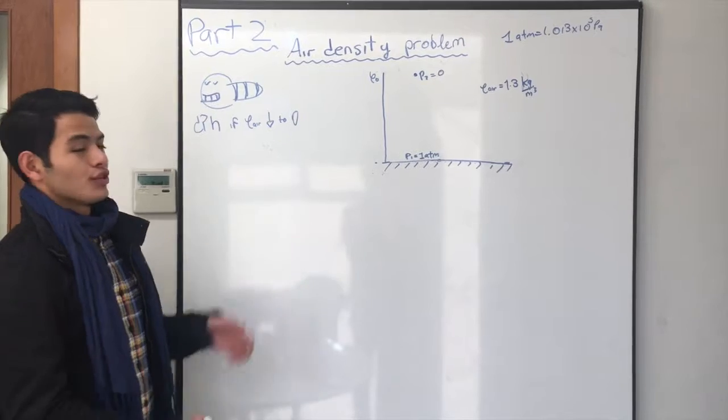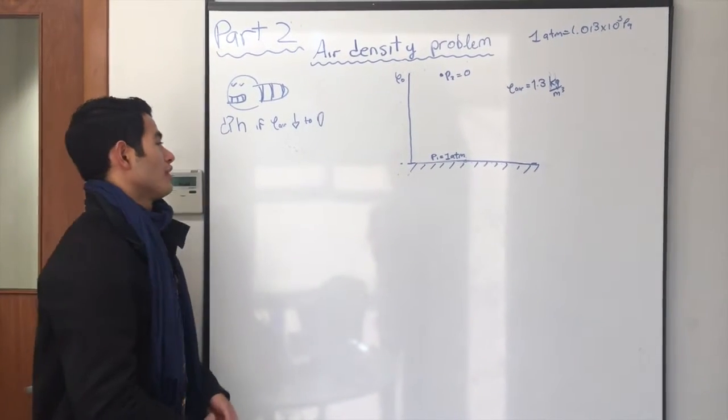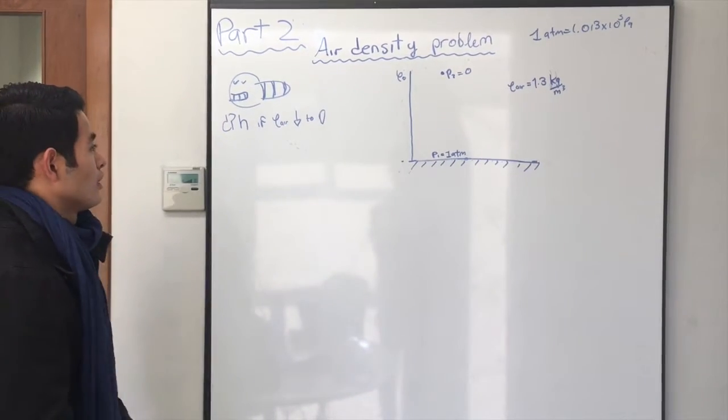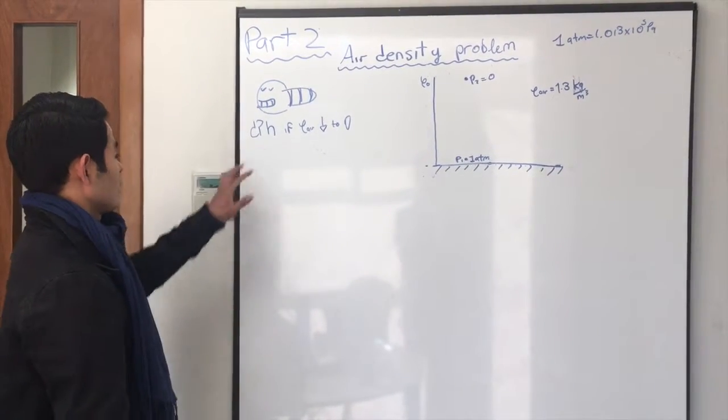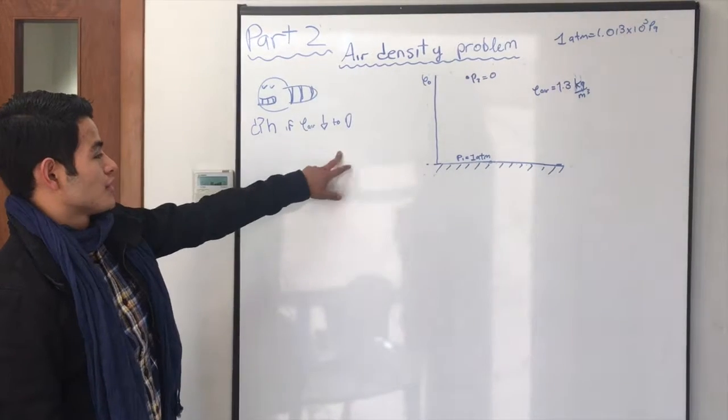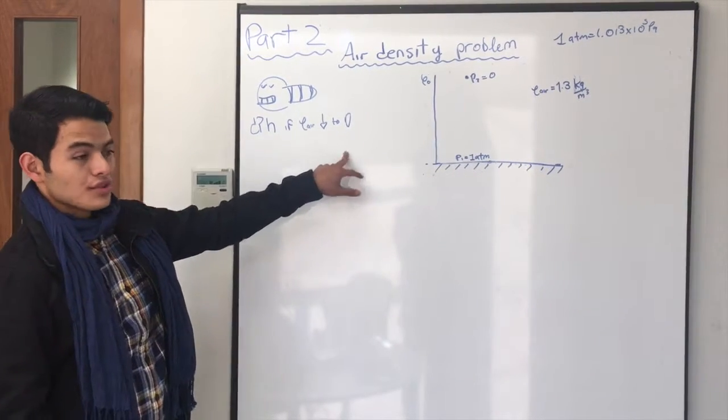Now we are on part 2 of this problem, and in this part we need to find how high would the atmosphere be if the air density decreases linearly to 0.